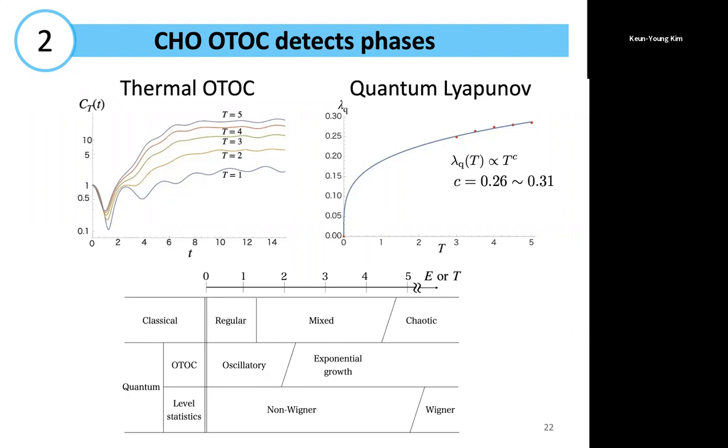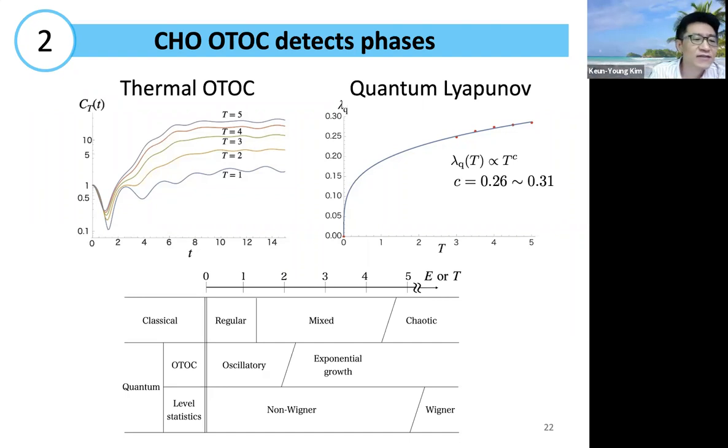Koji? Yeah, please. I have some technical question. In your left upper plot for the thermal OTOC, in order to read off the exponential behavior, what was your time range? It's between 2 and 4? Oh, I see. Thank you for the question.